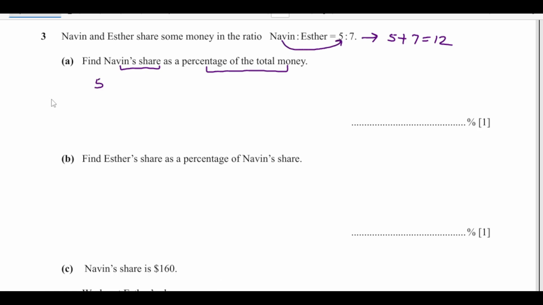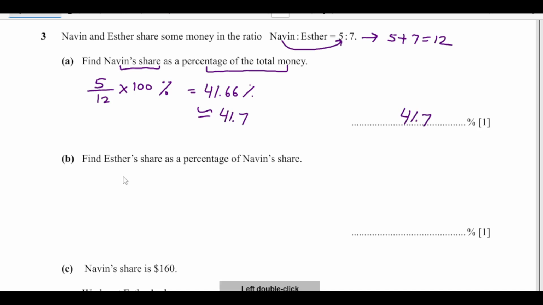So Naveen's share is 5 out of 12, and we are looking for a percentage, so times 100. Once you calculate, this is 41.66, which is approximately 41.7 to 3 significant figures, right?